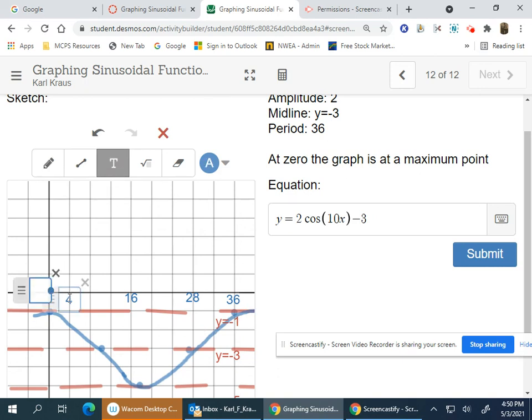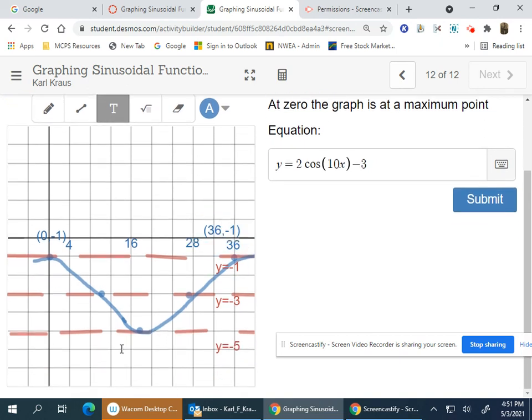And label some of these. Zero, -1. And 36, -1. 18, -5.